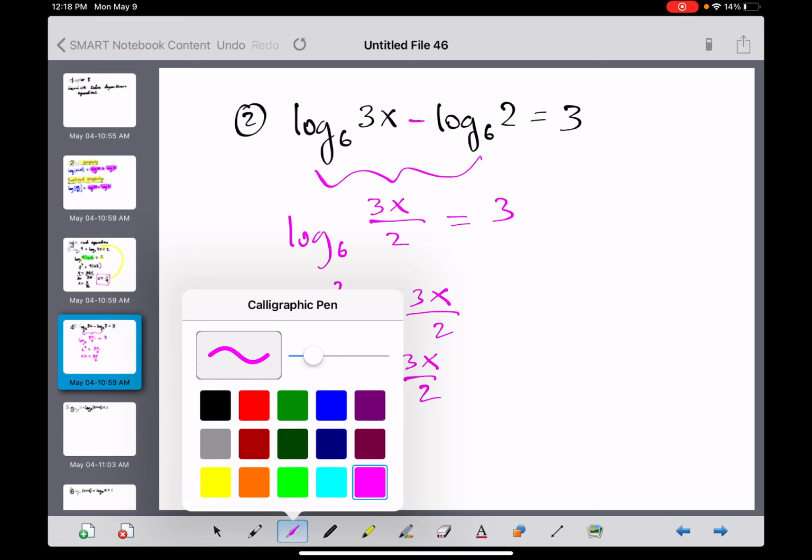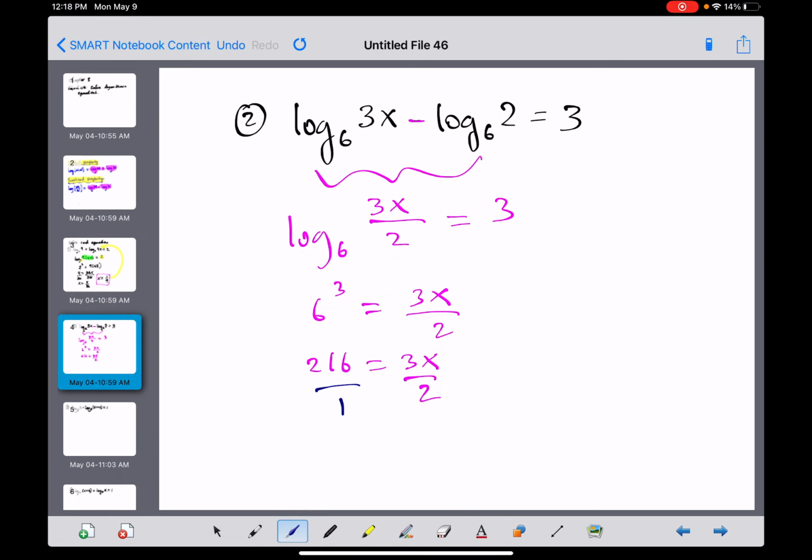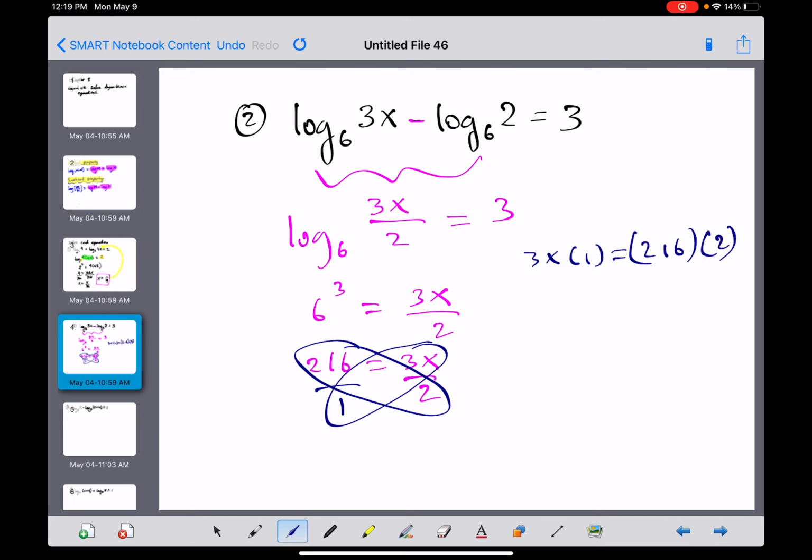We're going to put this over 1 and cross multiply like this, okay? So 3x times 1 equals 216 times 2. So 3x times 1 is 3x equals 432. And then when you divide this by 3, that's going to give us 144.